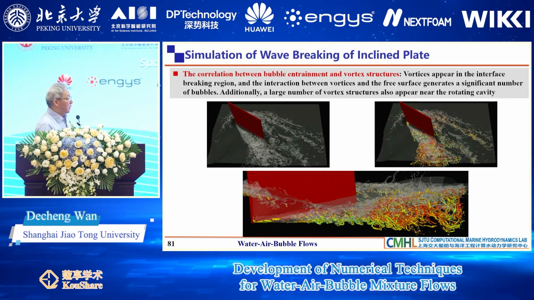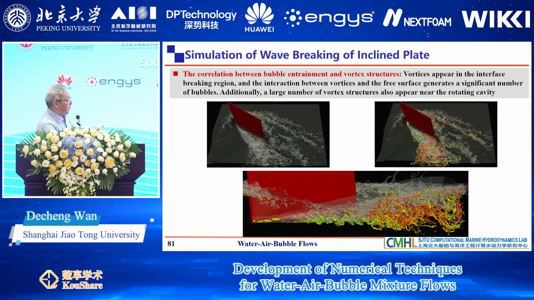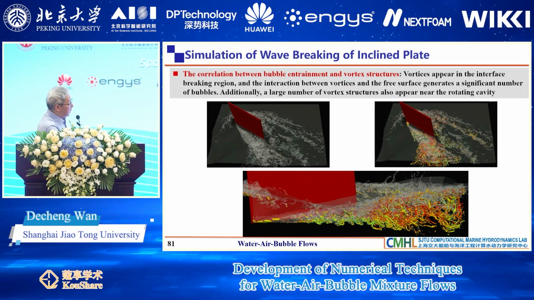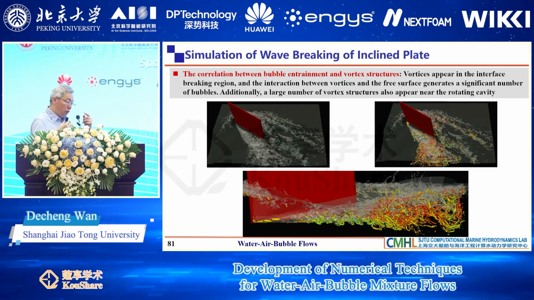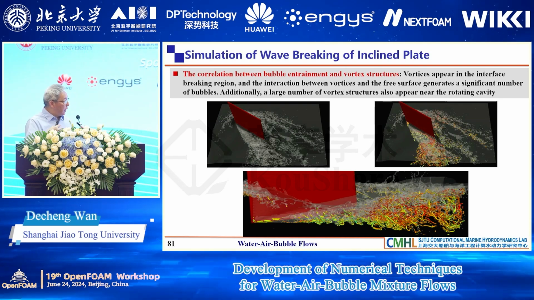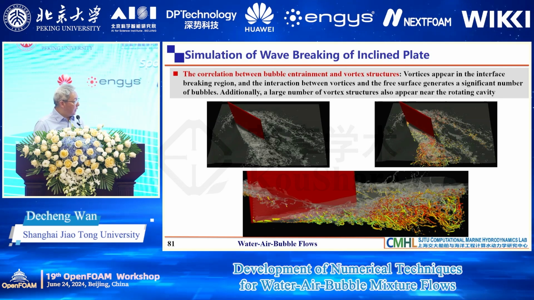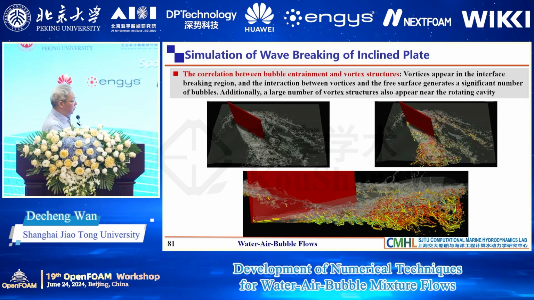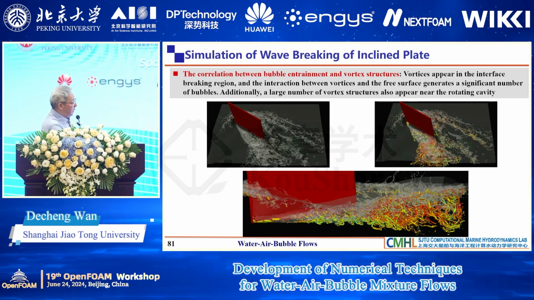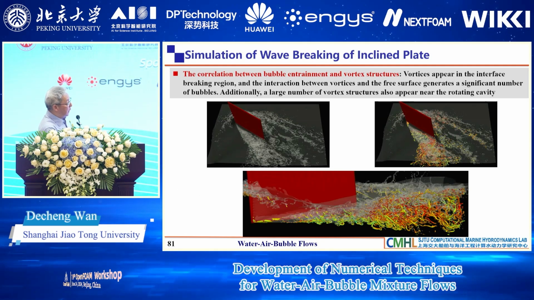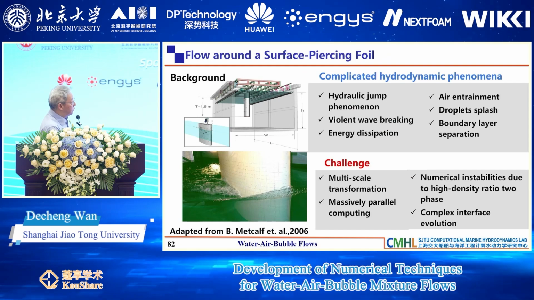Actually this is the interface, the turbulence structures, the bubble flows. So you not only see the bubble flow, the mixture flow, but also a lot of the turbulence, the vortex structure inside. So this is a pretty complex structure flow.